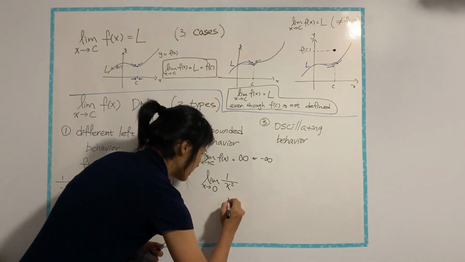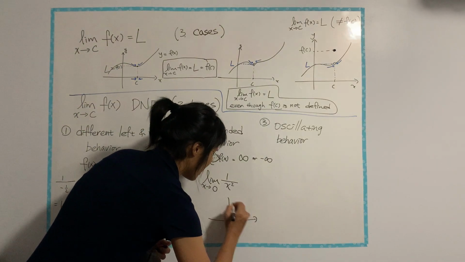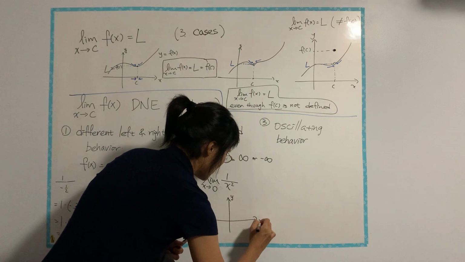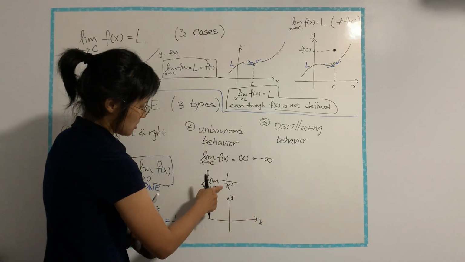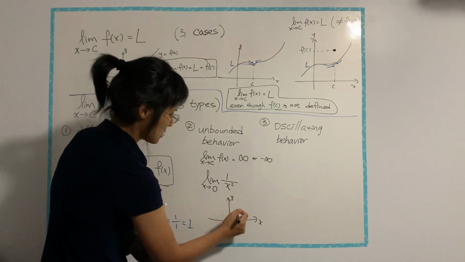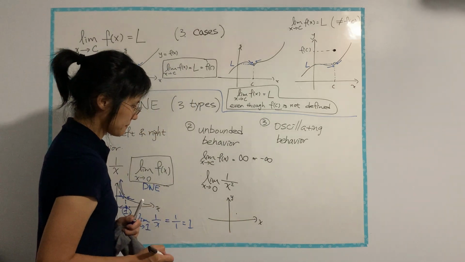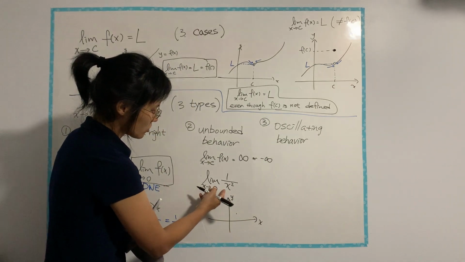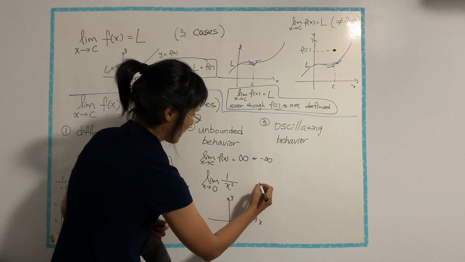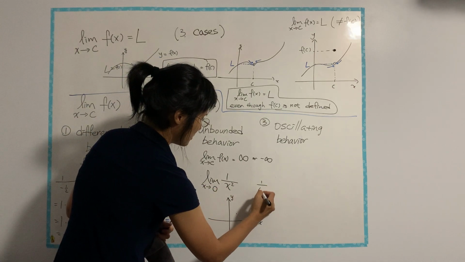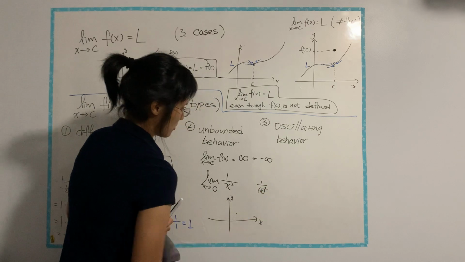Alright, so let us plot this out. Sketch. When x is equal to 1, 1 over 1 squared is equal to 1. When x is equal to a half, then I would have 1 over 1/2 squared.